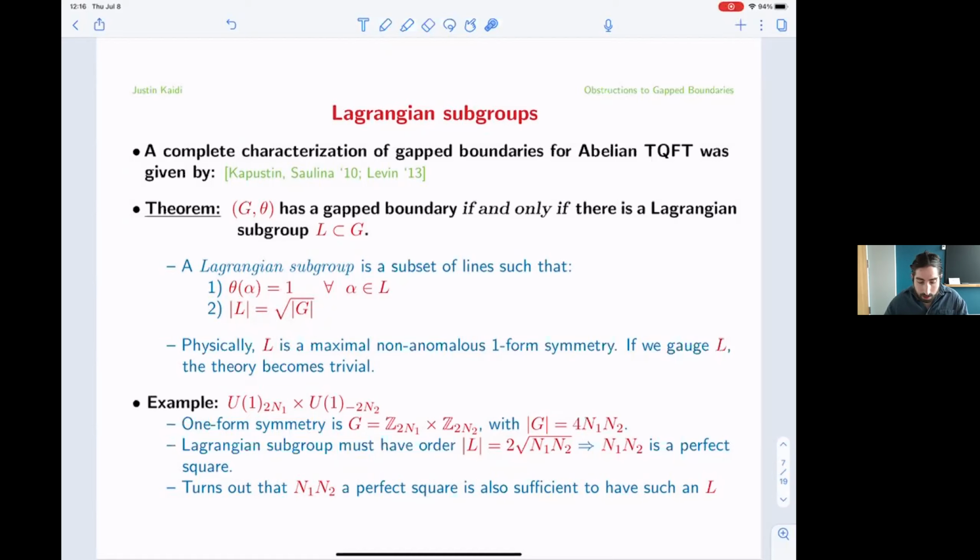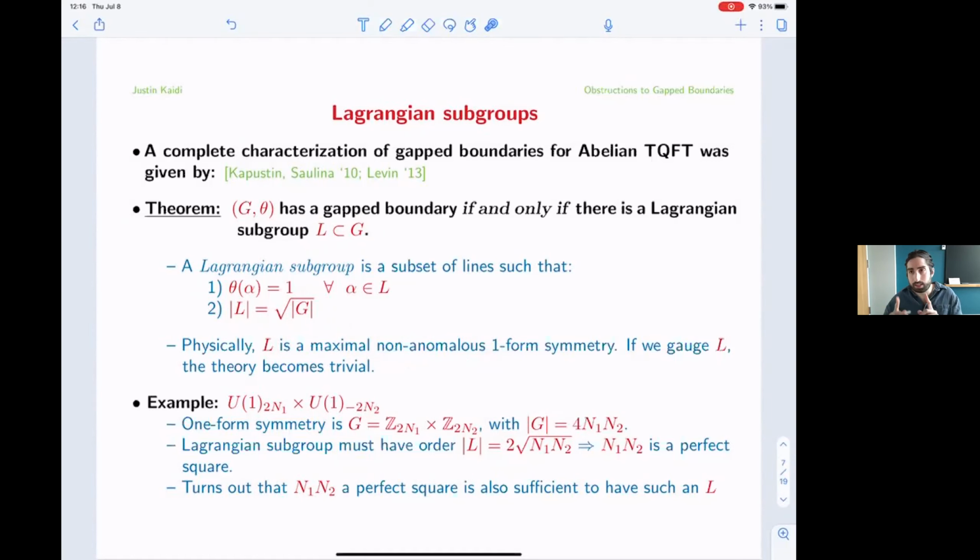All right. So physically, what a Lagrangian subgroup is, is the following. You can think of it as a maximal non-anomalous one-form symmetry. Okay. So, right, this is the full one-form symmetry group. This is a subgroup of that. The first condition here tells you that this is a non-anomalous subgroup.